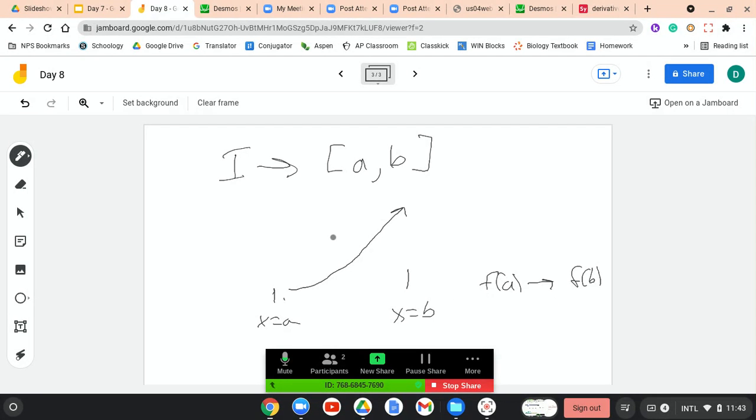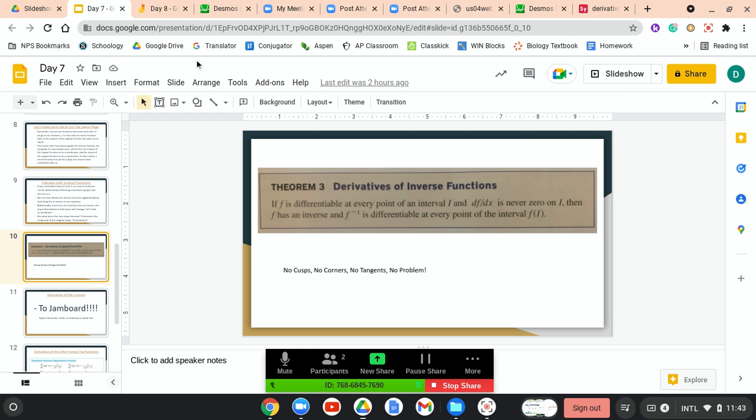That does make sense. So the reason they write it's differentiable on f of I is because the interval x equals A to x equals B, if we're considering it from the inverse function, that interval is f of A to f of B, because the inverse takes in outputs of the original function. So that's what this theorem's saying.